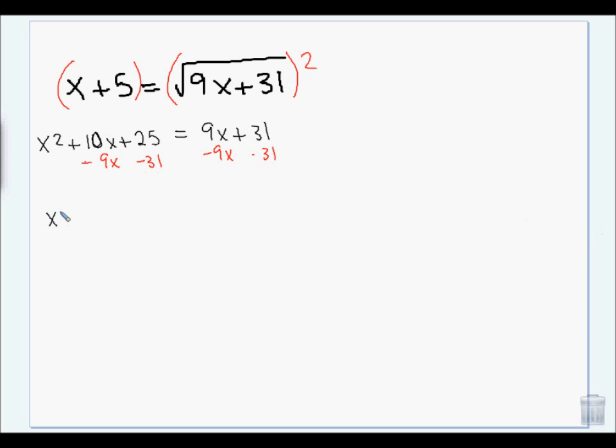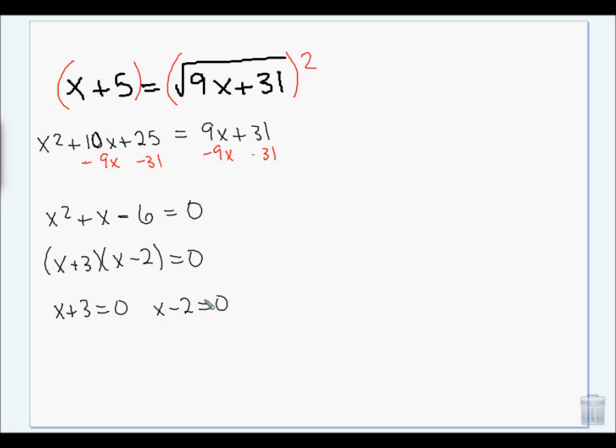So I'm going to get x squared plus x minus 6 is equal to 0. And again, I can use the quadratic formula, or I can factor it. So I get x equals -3, or x equals +2.